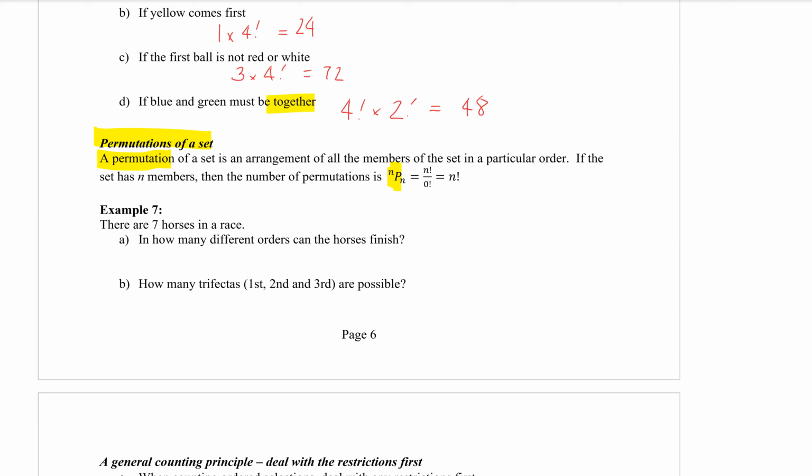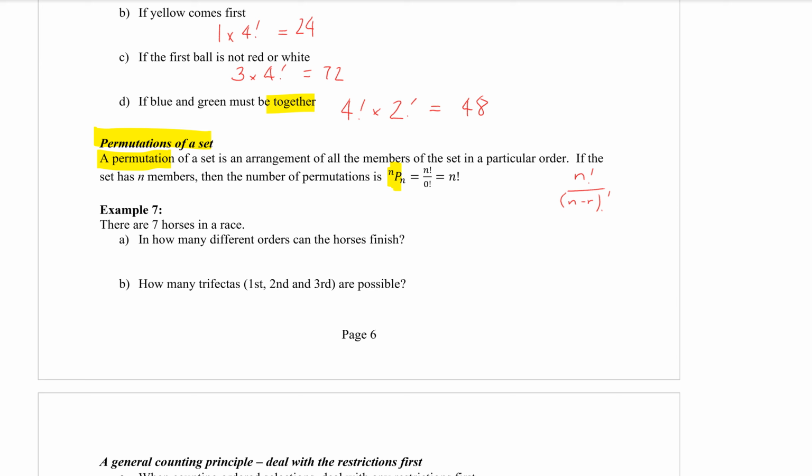Using the permutation formula that you probably haven't memorized yet, I'll write it over here. It was n factorial over n minus r factorial. That would mean n factorial on the top, and normally it's n minus r, but it's n minus n factorial. What is n minus n? 0 factorial. And this is another reason why we needed to know what 0 factorial was equal to, because it can come up in here.